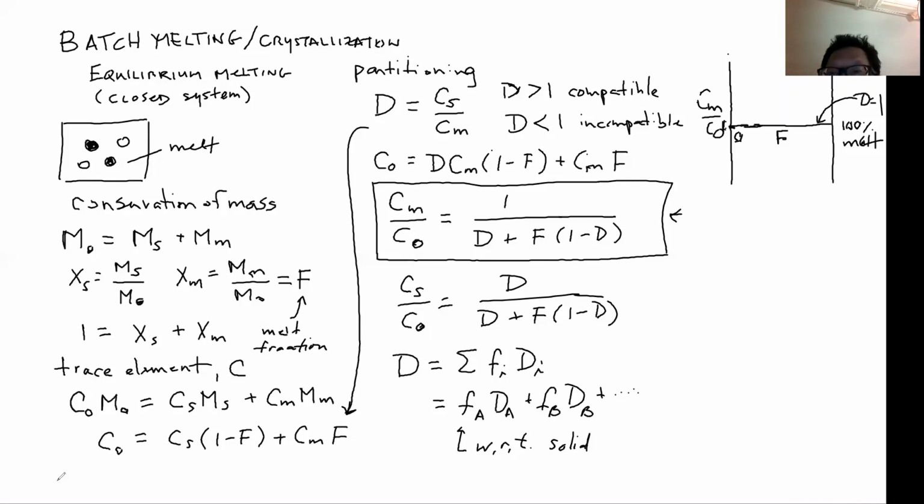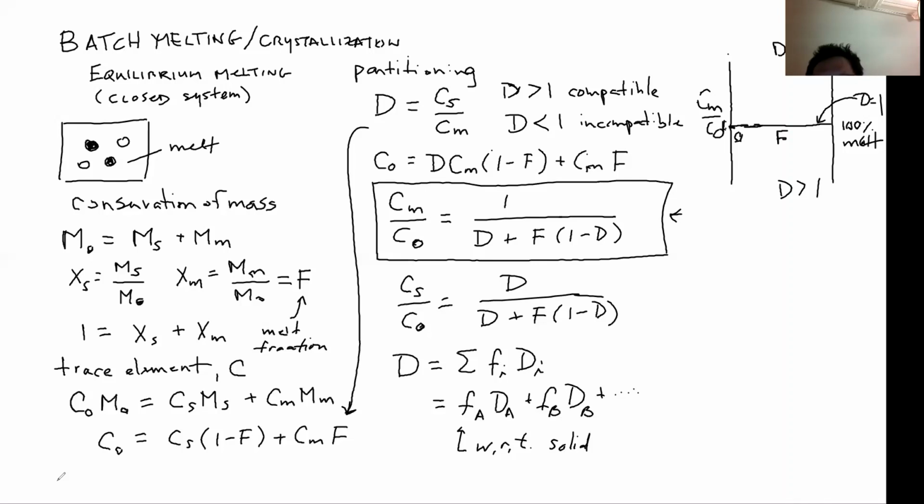When D is less than 1, the element is incompatible, and so with progressive crystallization, it should become more and more enriched in the melt. And D less than 1 would be here, and D greater than 1 obviously would be here. The melt will become depleted with progressive crystallization, because the crystals keep taking away that compatible element.